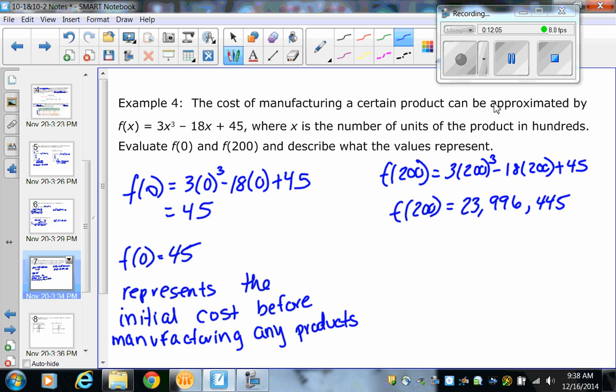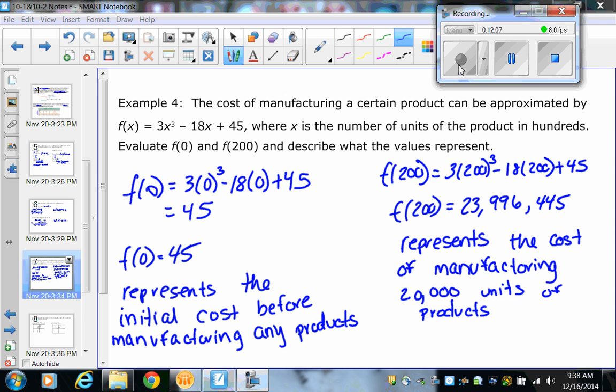So what is this representing? f of 200 represents the cost of manufacturing 20,000 units of products. Now, why did I say 20,000 instead of 200? Because if you go back to the problem, it says x is the number of units of products in hundreds. So 200 is really 20,000.